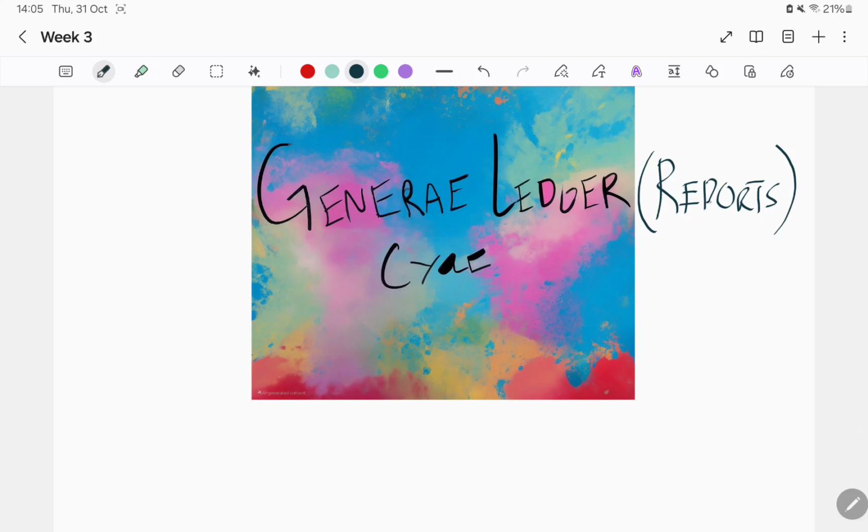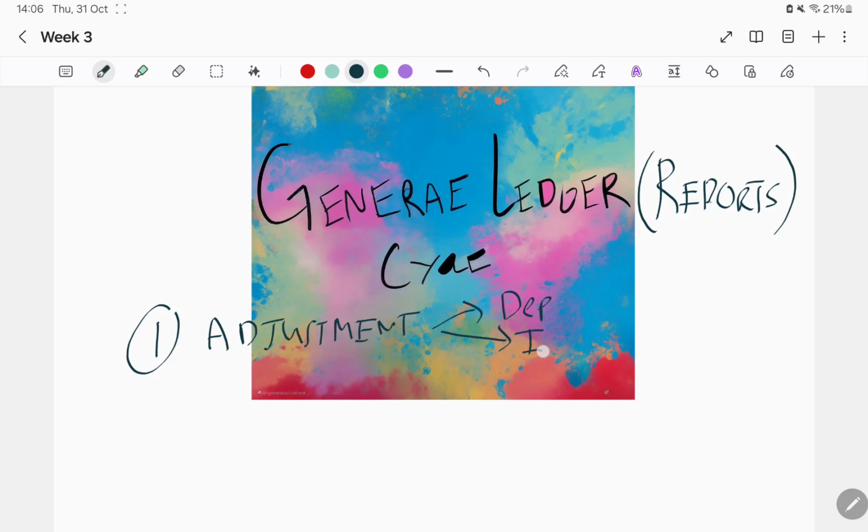Okay, over here there are only three things inside a general ledger. First is the adjustment. So you learn accounting, you know, there's adjustment for the depreciation, adjustment for the interest, what adjustments are more?